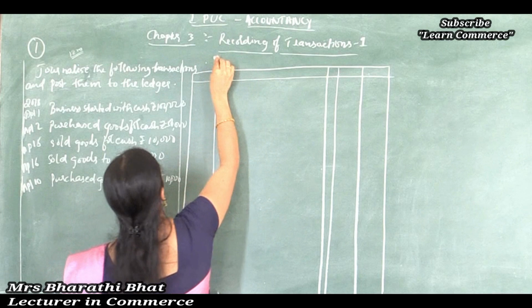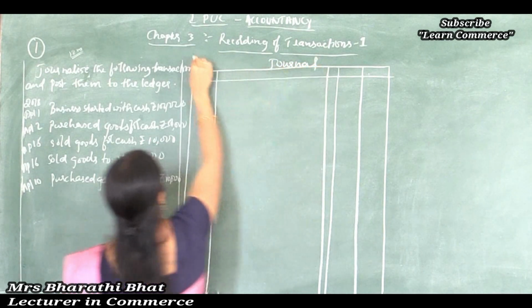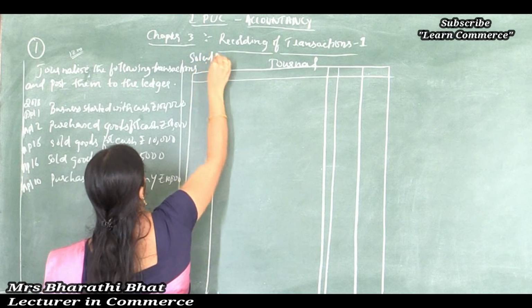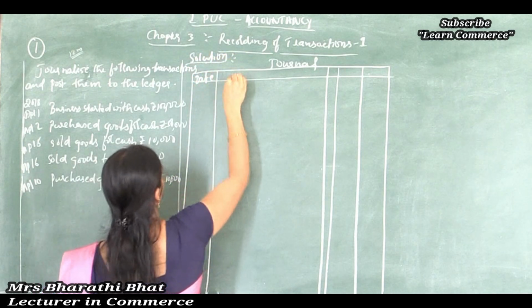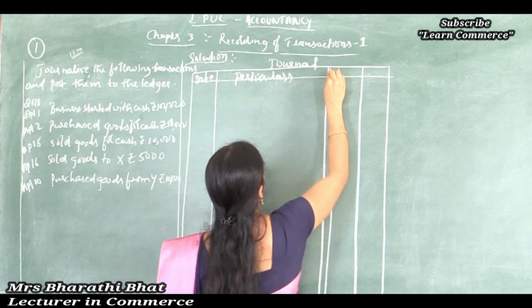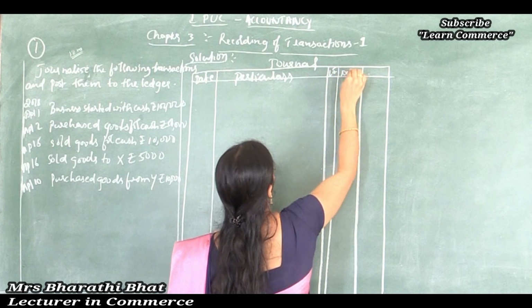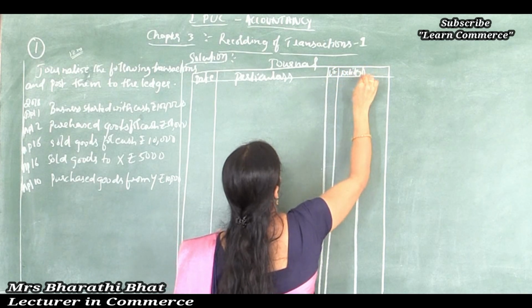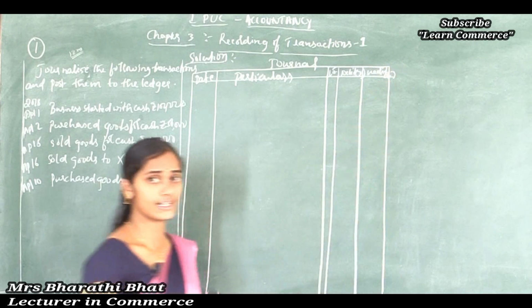So here, for the solution, fill these columns: date, particulars, LF, debit amount and credit amount, clear?